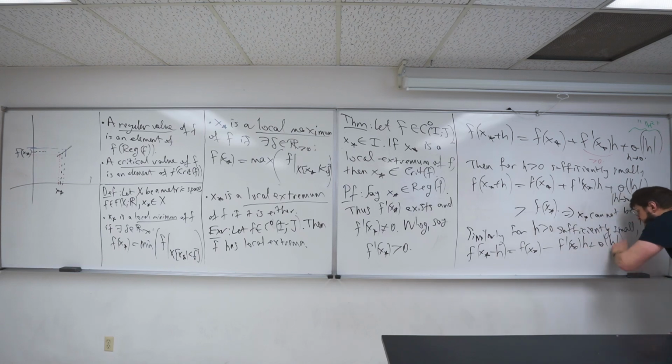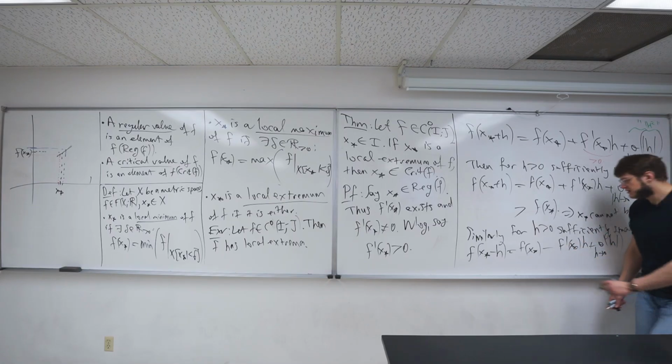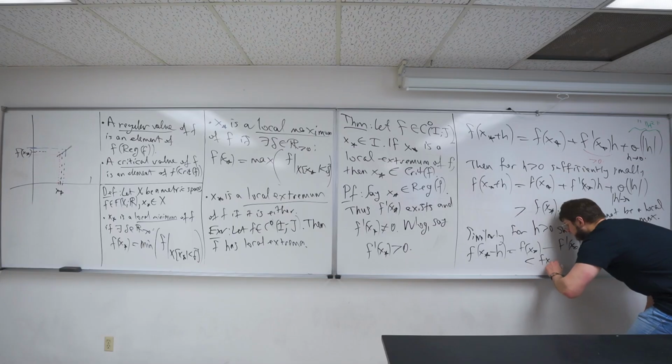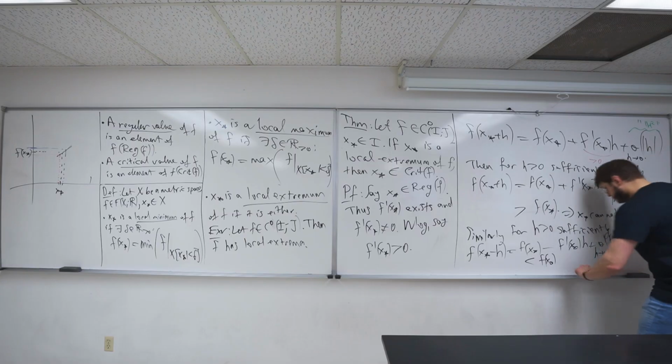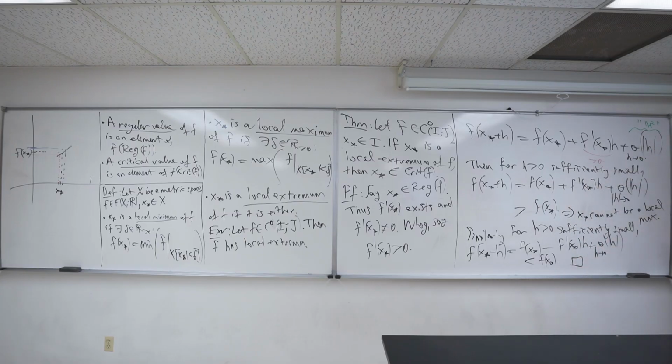Little o doesn't change. But this time, since this is positive, this is going to be strictly less than f of x star, concluding that x star cannot be a local min either. That's how you finish it.